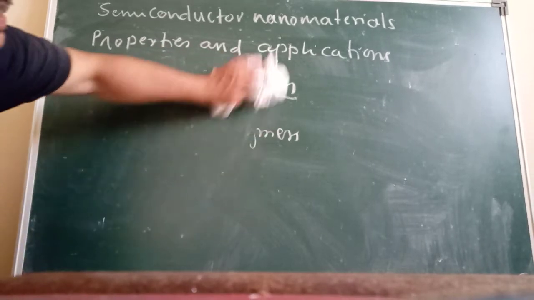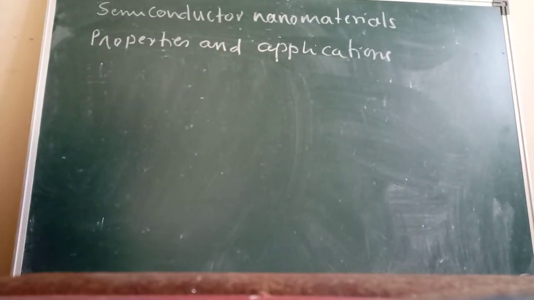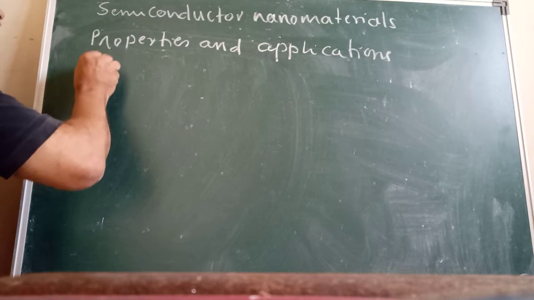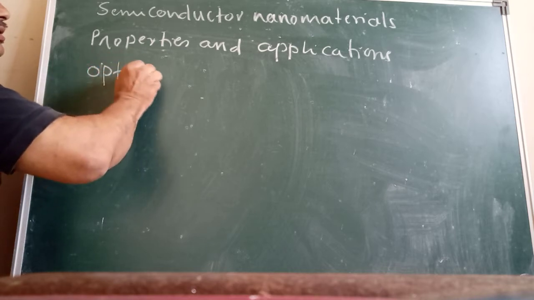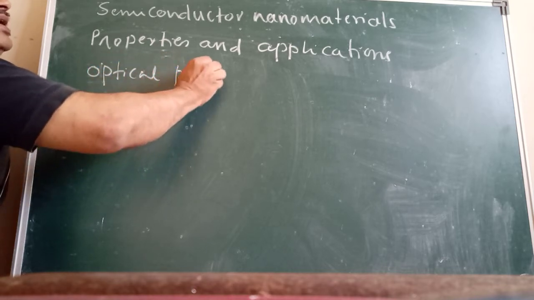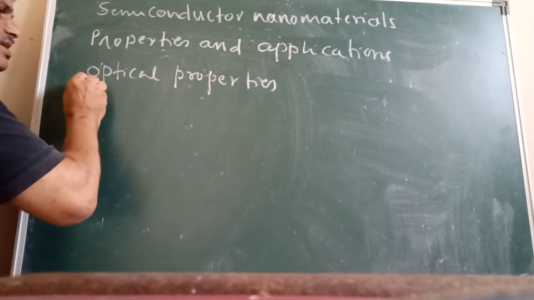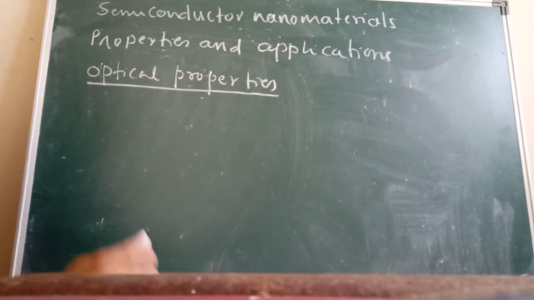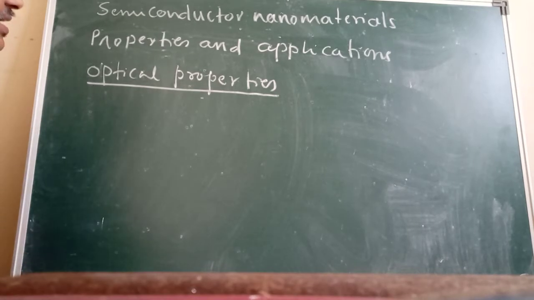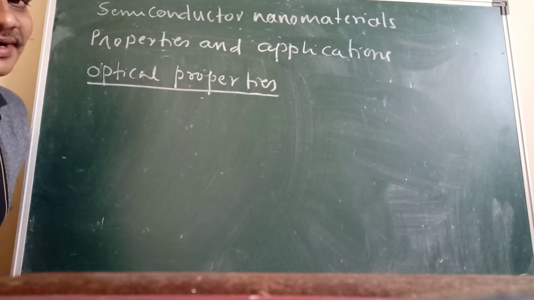Now let us consider another property, the optical property. We already studied the optical properties of the semiconductor. The optical properties of the semiconductor again depend upon the band gap of the semiconductor.